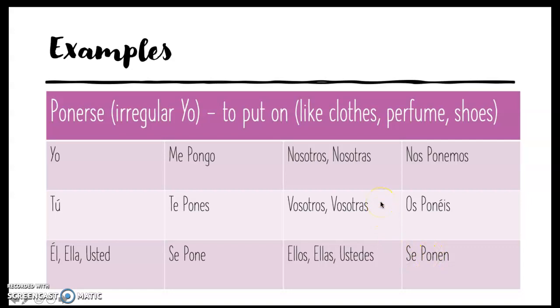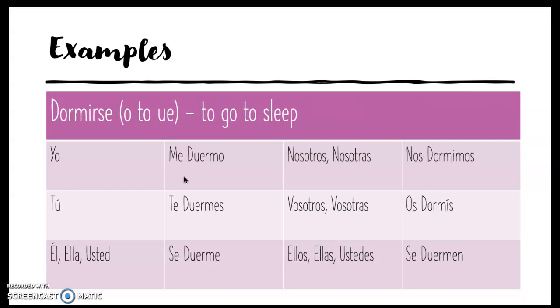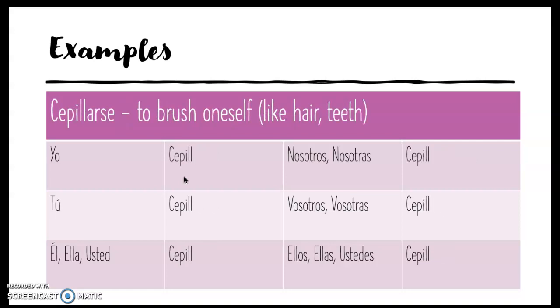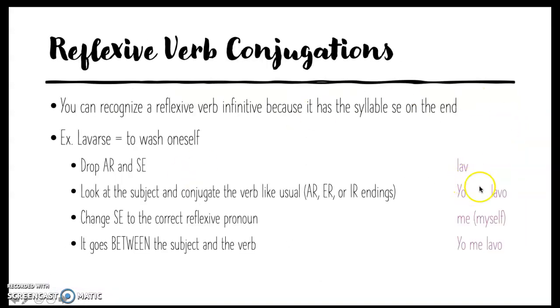So this was a very quick introduction to reflexive verbs. Not all verbs are reflexive, so you won't always use this. Okay, so if we go back a few slides, talking about yo lavo and yo me lavo.